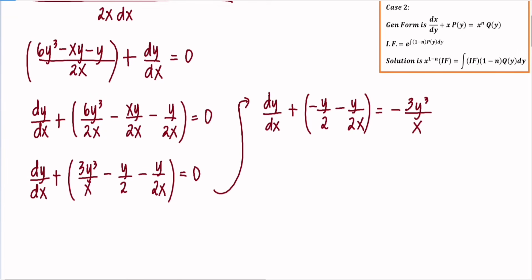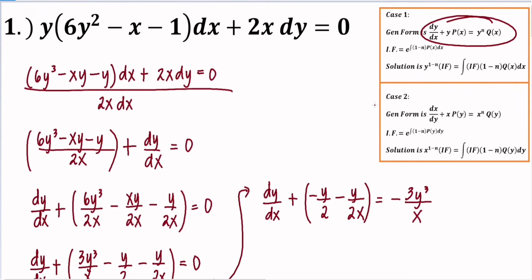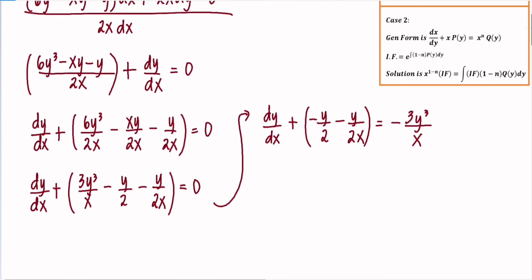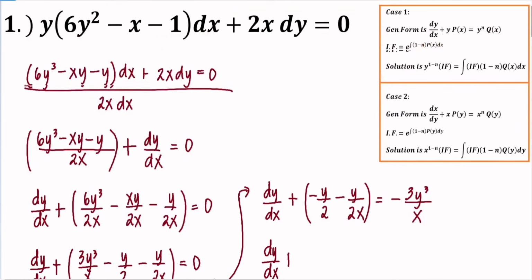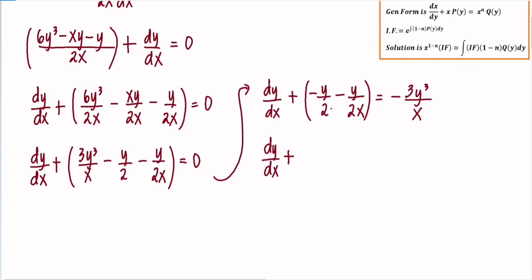Okay? So, you will have this general form. Then, the next thing you will do is extract the dependent variable, which in this case is y, so that we can identify p of x and q of x, and also n. Extracting y, the common term is y. What remains here is negative 1/2, and here negative 1 over 2x.